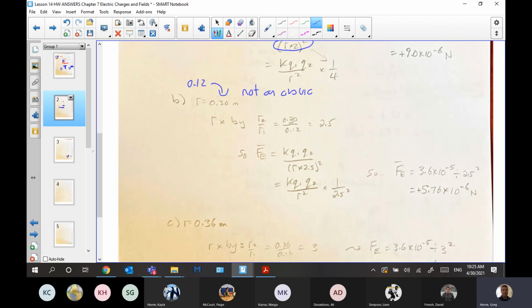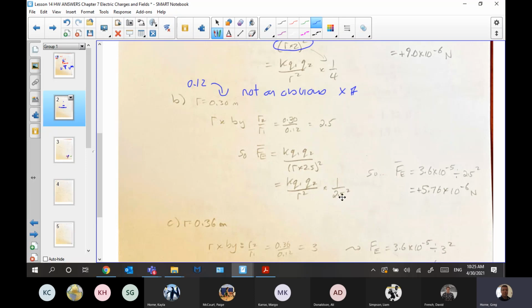It's not an obvious factor number, right? It's not an obvious multiple. Turns out that it's 2.5 times, but that's pretty easy to do if you're actually checking the numbers and calculating them, right? 30 divided by 12 essentially.